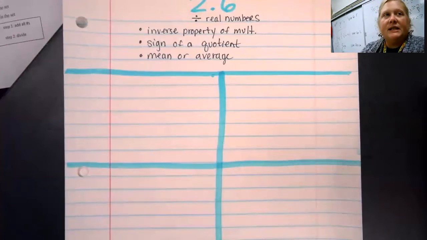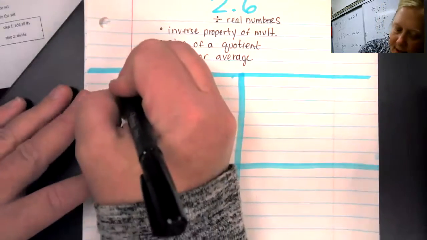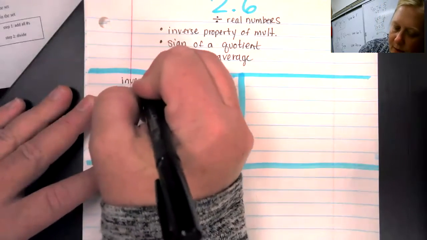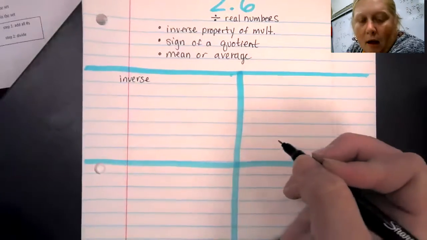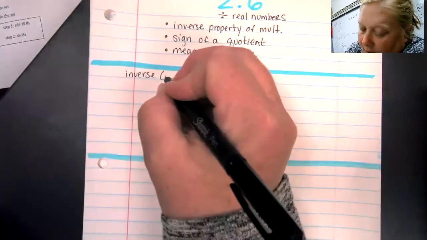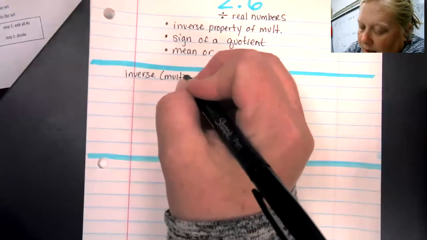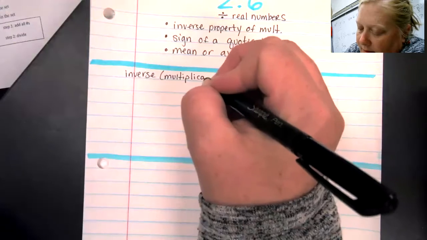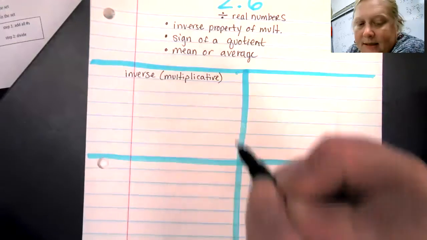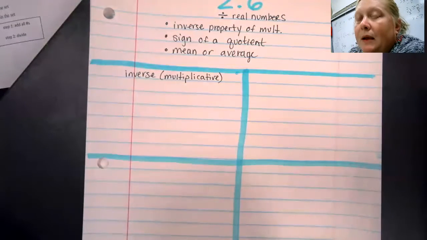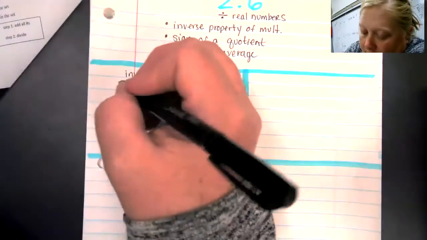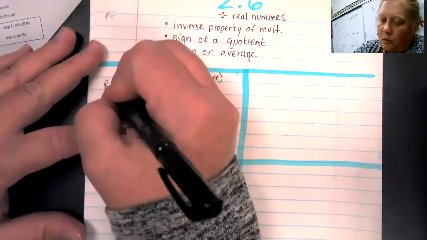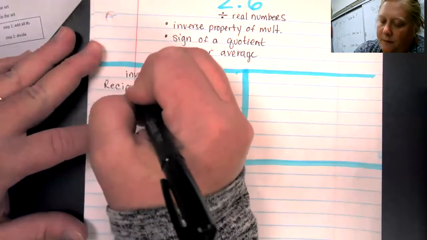All right, so the first thing we want to talk about is the inverse. Now, we talked about inverse before, but this is the multiplicative inverse, which is the reciprocal.